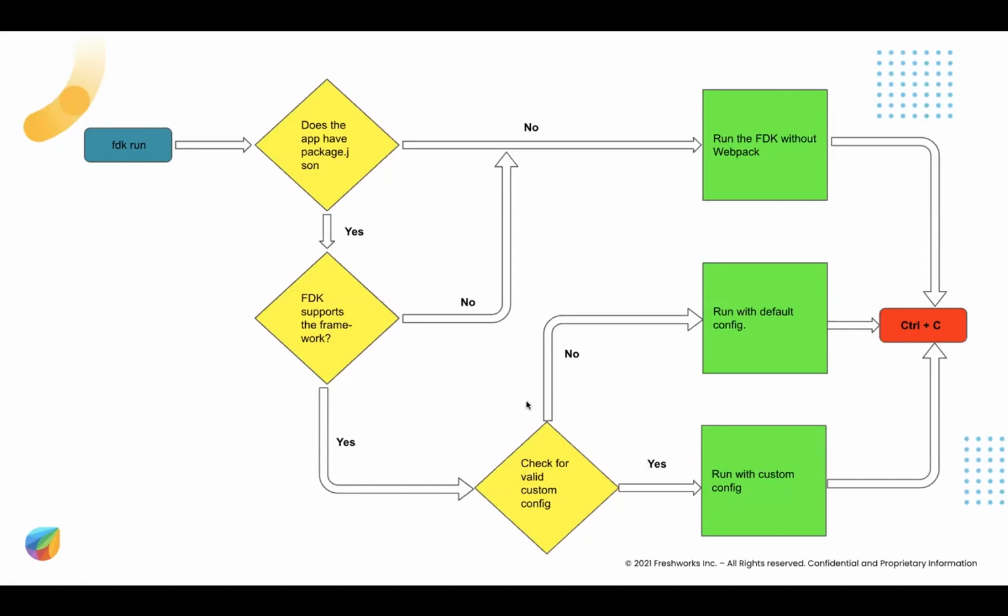But if your configuration is not valid, the FDK will ignore your custom configuration, fall back to the default configuration, and then run your app. So this is how the FDK processes your front-end framework application.